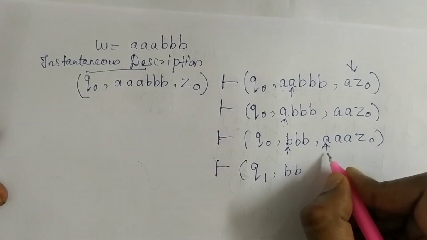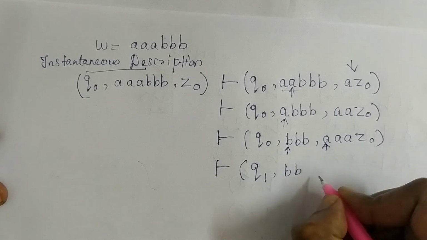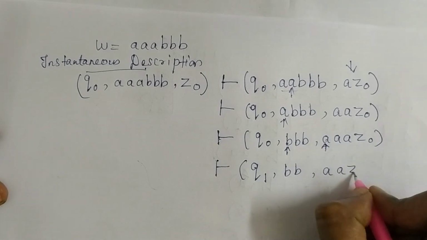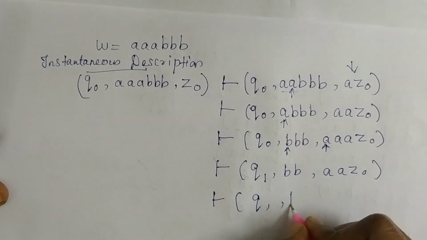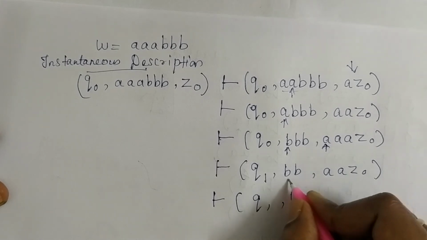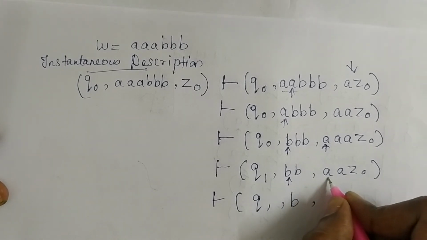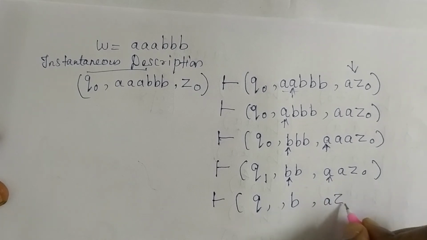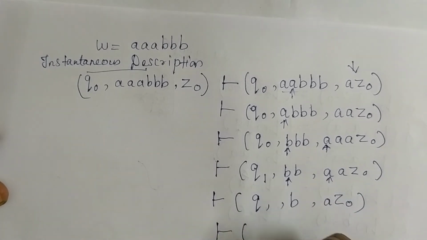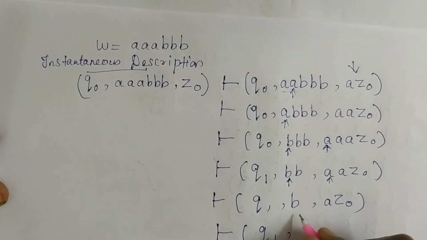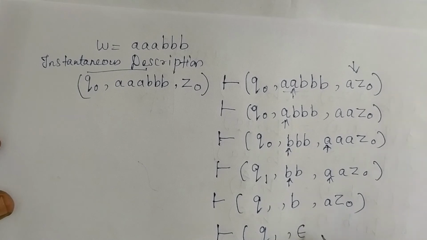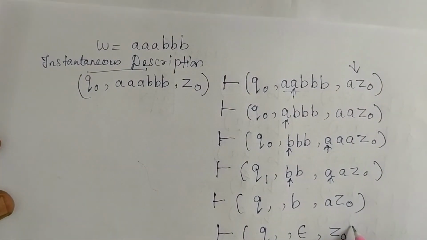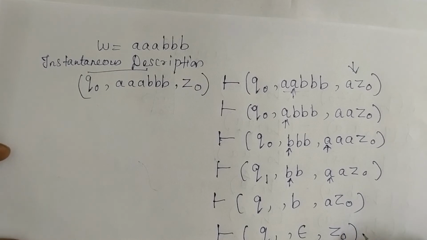So here you can see we are going to pop this a out, and a z0, and then q1 b, and while reading this b we are going to pop another a. Okay, a z0, and then q1, nothing to read in the string. So epsilon, we are going to read this epsilon only, and what is on the top of the stack? It is z0.